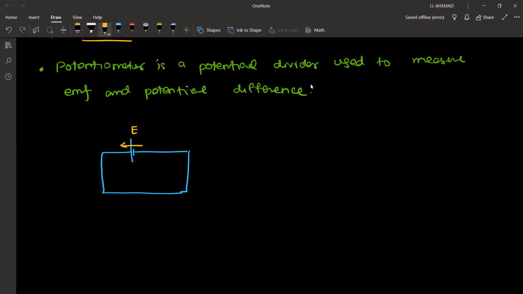Then the entire potential will drop across this wire. Now we have another secondary circuit. In this secondary circuit, let's say the EMF of the battery.